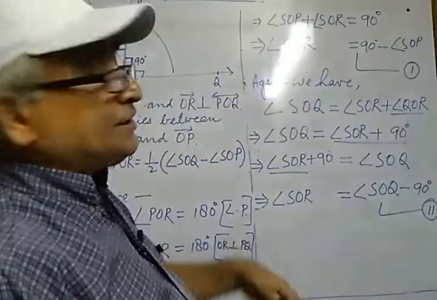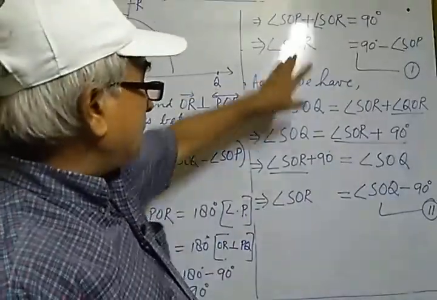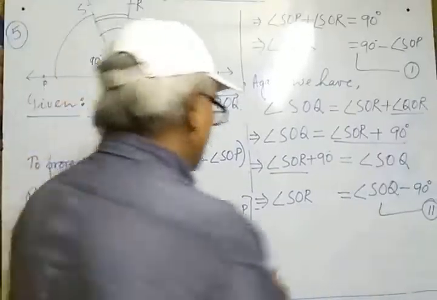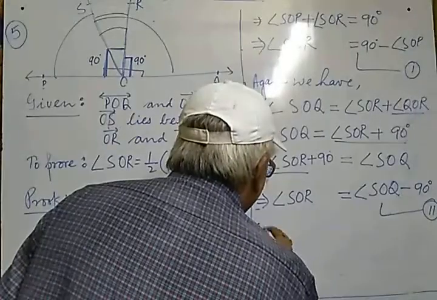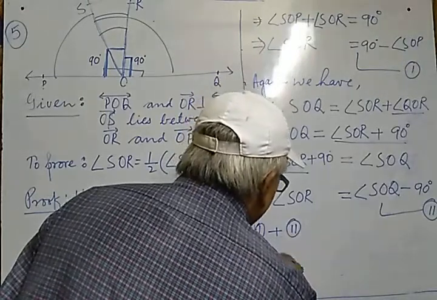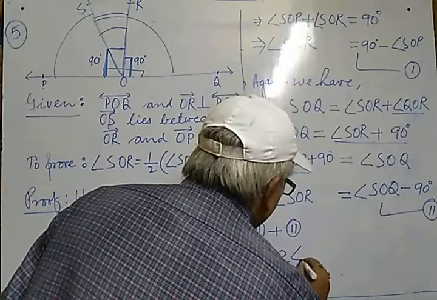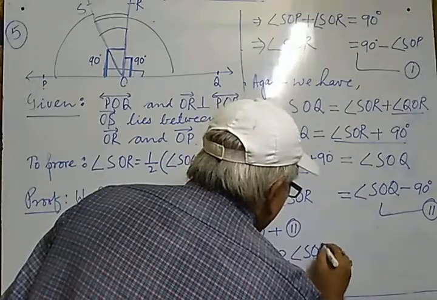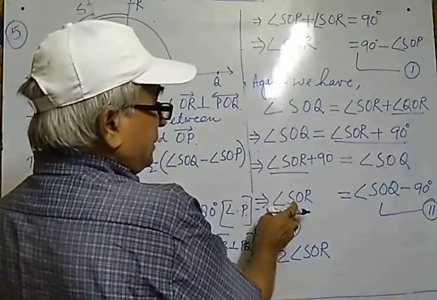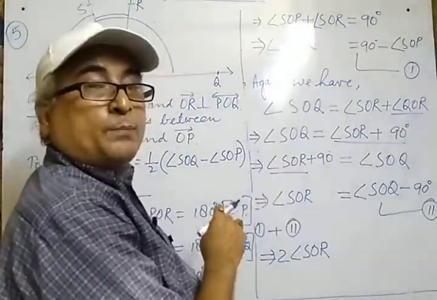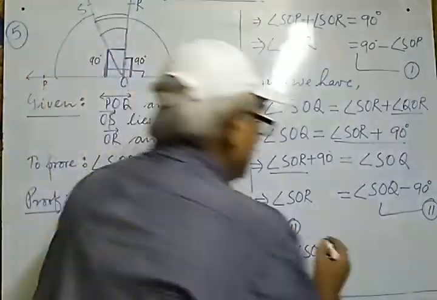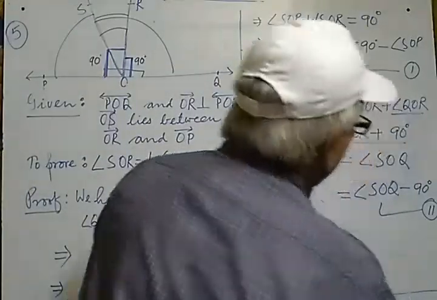So after adding, what is obtained here? SOR plus SOR, the same thing added 2 times. So this implies 2 times angle SOR, because SOR here and SOR here, equals what?